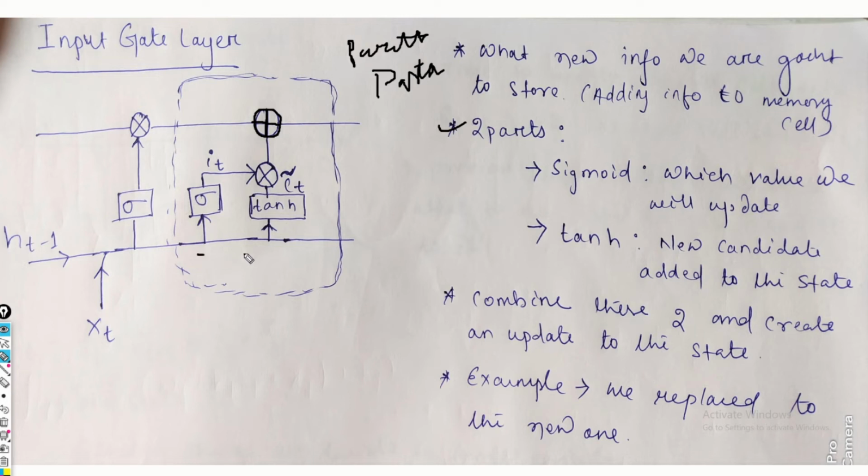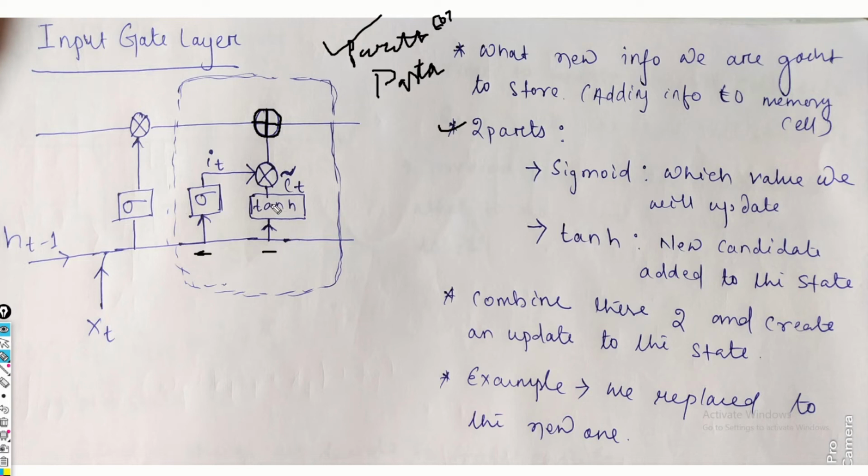One is the sigmoid, and one is this one, tanh. For the sigmoid part, which value will we update? What information do we want to forget? This paratha is a word that we need to forget. It has to change, so this particular sigmoid function will give 0. Whenever it gives 0, we want to forget this particular word.